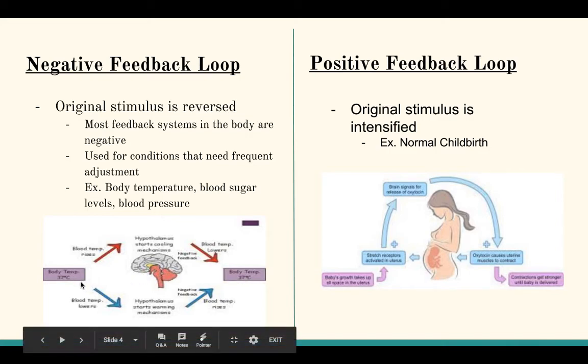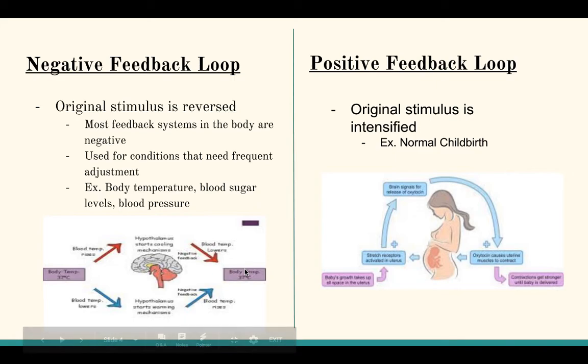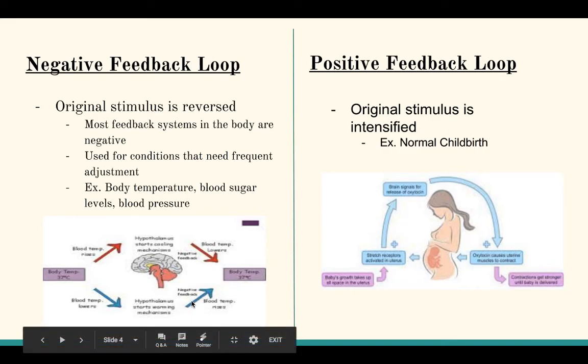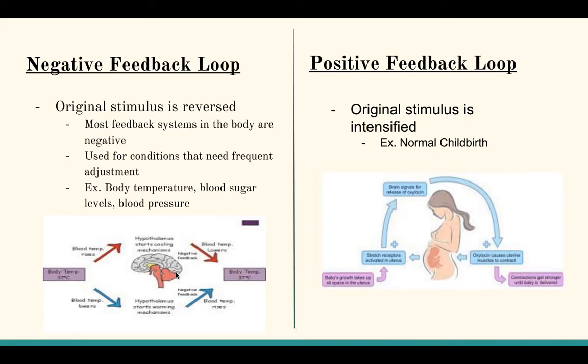So here is this example down here at the bottom again for body temperature. The stimulus would be your body temperature going up or down, and it's sensed by the nervous system. Then your brain, the part of the brain that works this is your hypothalamus, causes your body temperature to lower or get higher depending upon what's going on.